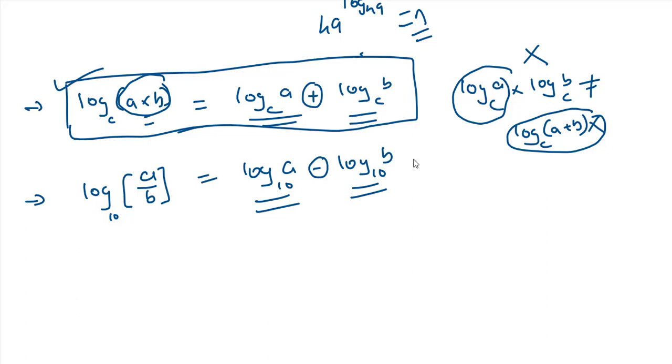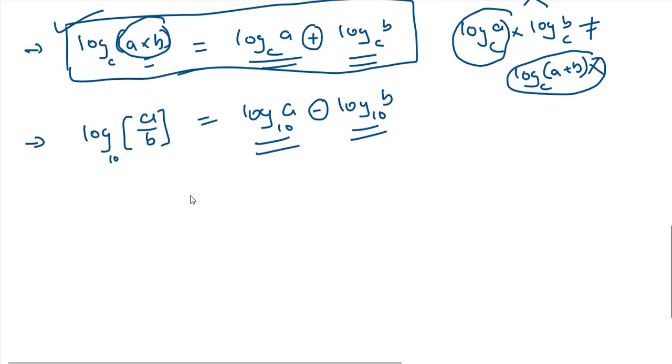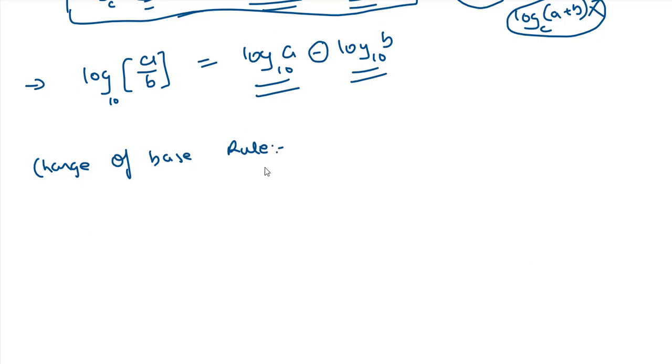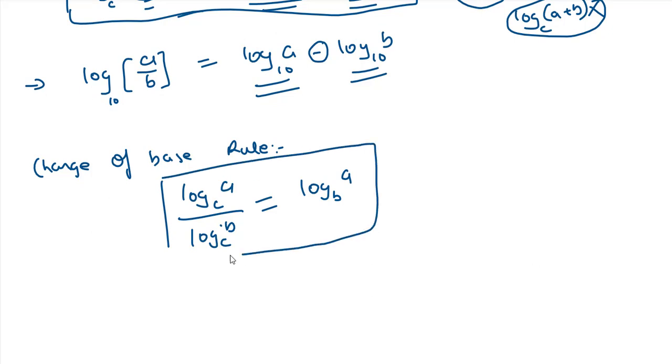It is not applicable. But in case of division, there is another rule which you can use, which is the change of base rule. So if you have ratio of two logarithms, log a to the base c upon log b to the base c, this can be written as log a to the base b. So in case of division, you can use this rule.